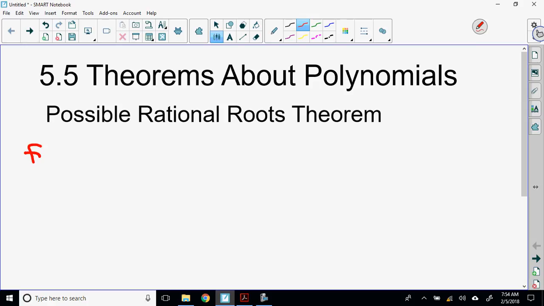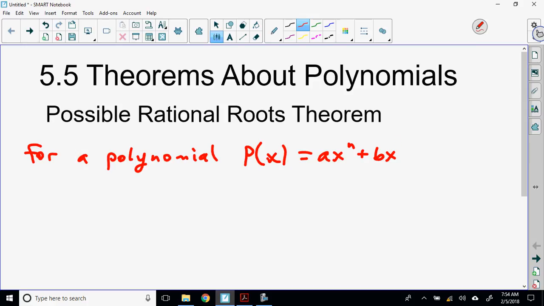It says for a polynomial p of x equals ax to the n plus bx to the n minus 1 plus ... plus, what's a good constant letter to end this with? Would anybody be offended if I ended this with k? I'm going to end this with k.